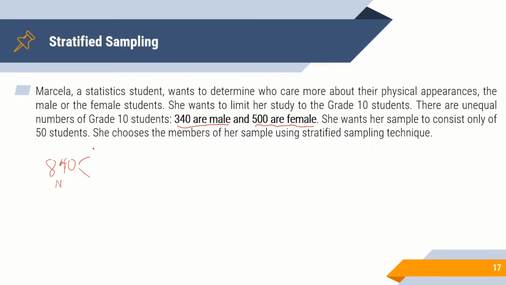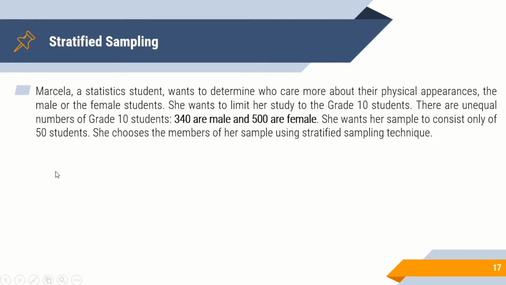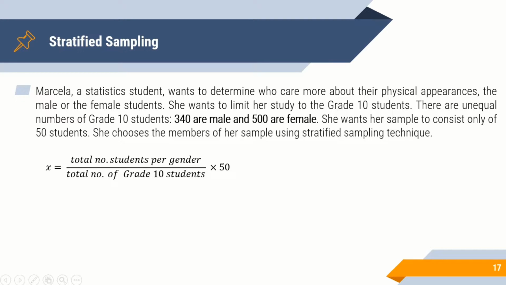So for the male students, we have 340 divided by 840 times 50. And we get 20.24, or 20. Now for the female, we have 500 divided by 840 times 50.